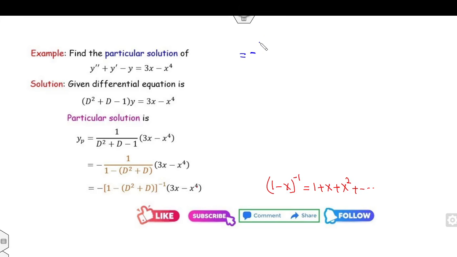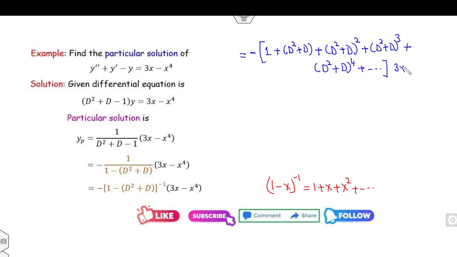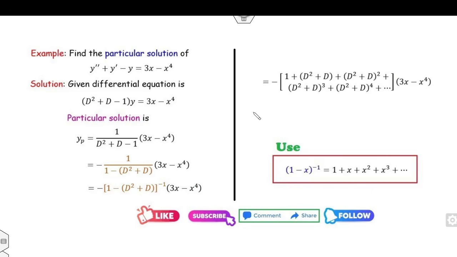So it will be minus 1 plus this first part plus d square plus d up square plus d square plus d cube plus d square plus d power 4, up to 3x minus x power 4. Now you can open this bracket. Up to the degree 4 is 1 plus d square plus d.